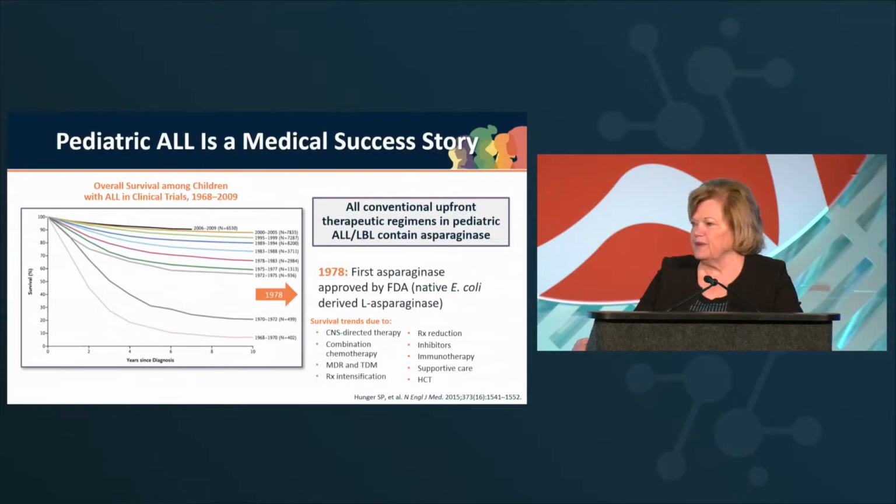But the work for asparaginase actually began in the late 1950s and the early 1960s, and it took until 1978 for it to actually be approved by the FDA. So you can see that there's been a significant change in the lag of time for particular drugs to be approved.